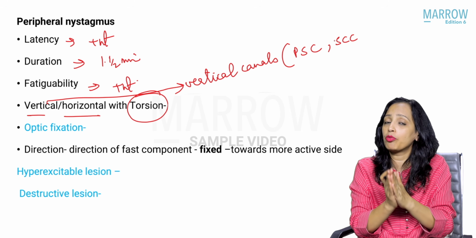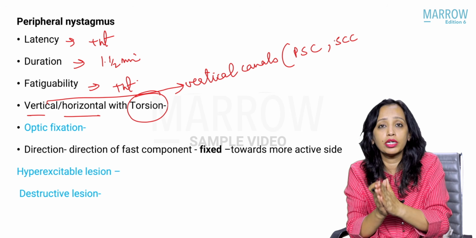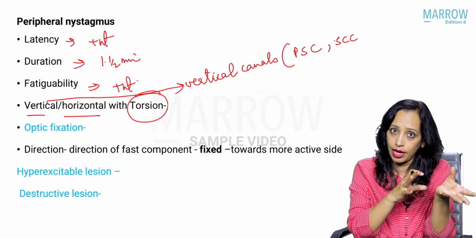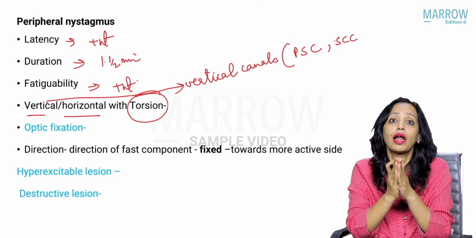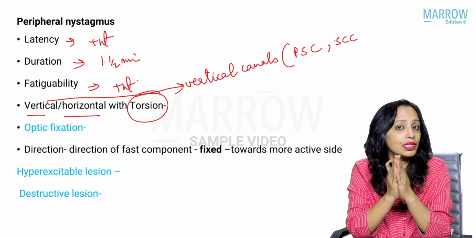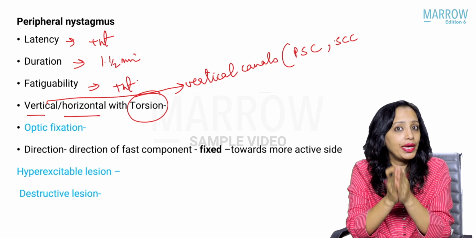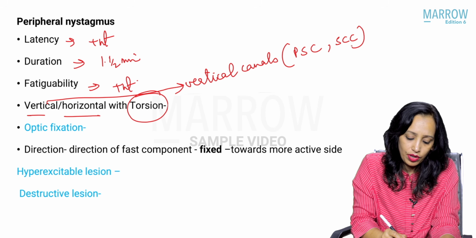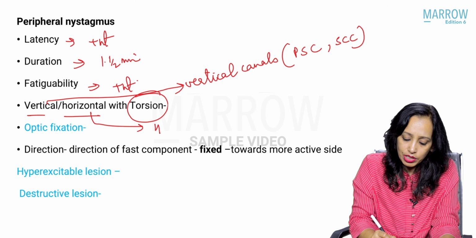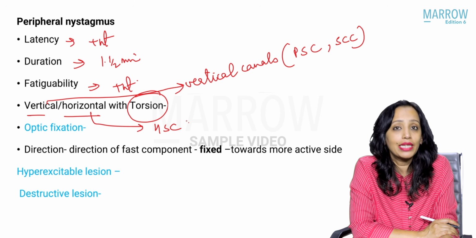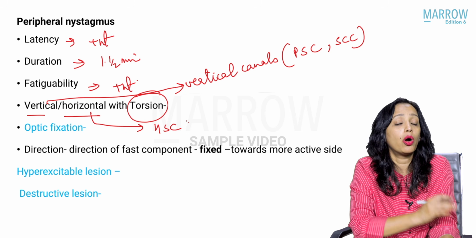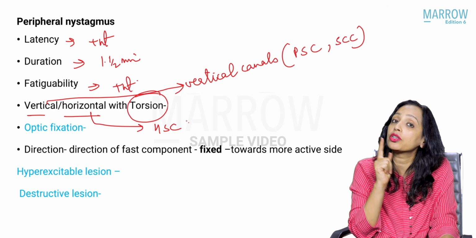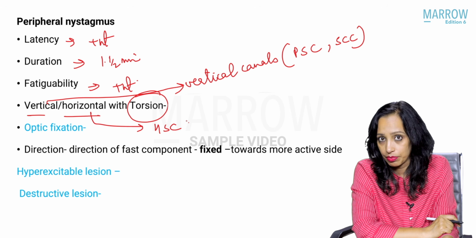If there is any abnormality of the posterior or the superior semicircular canal, for example, if an otolith has gone there, then in vertical semicircular canal involvement, the nystagmus will always be vertical nystagmus. Is that clear? Whereas if the horizontal semicircular canal is involved, for example, in BPPV, if the otolith has gone into the horizontal semicircular canal, then the nystagmus that you get is a horizontal nystagmus.